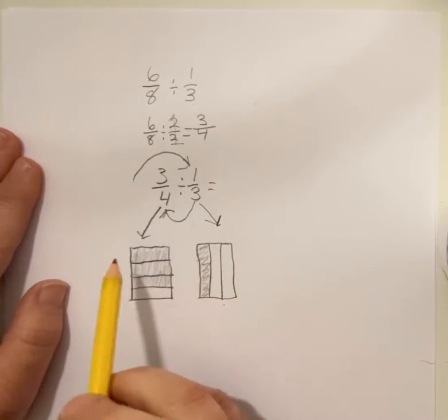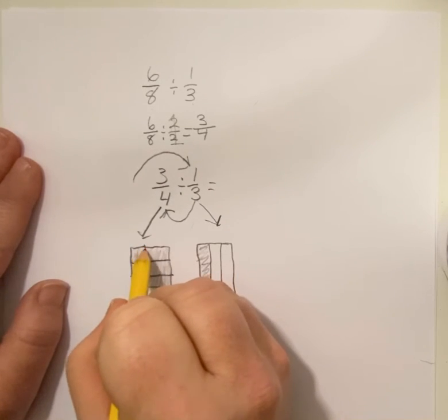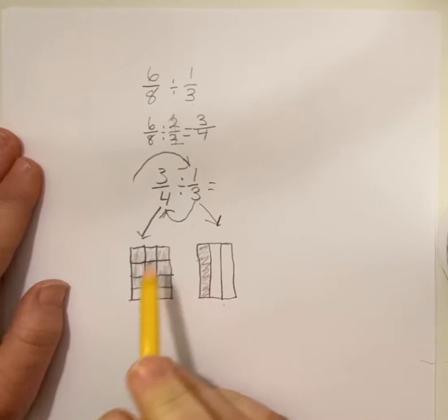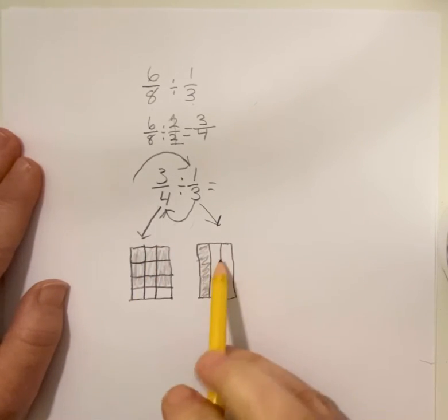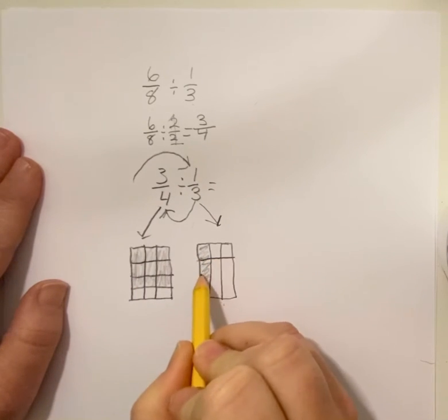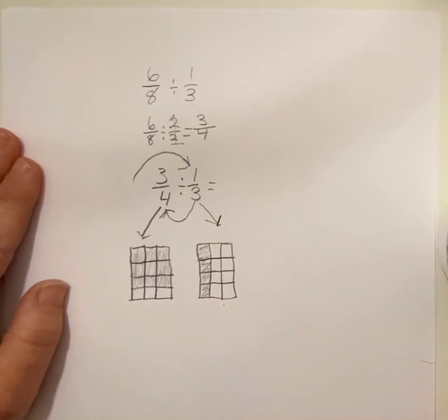So I'm going to take my 3/4 and partition it into thirds. And I'm going to partition my thirds over here into fourths. And so now you can see that I made common sizes, which again is the same thing as finding a common denominator.